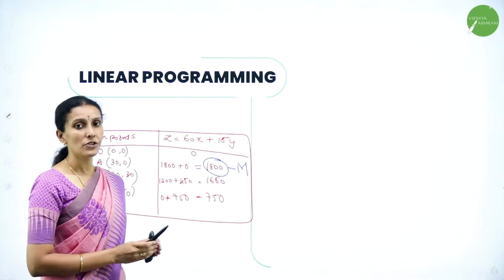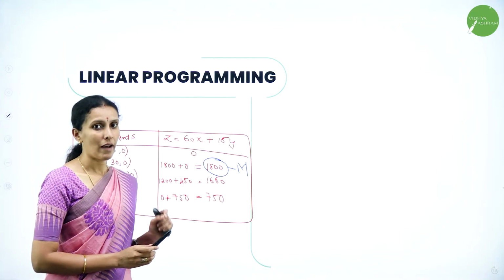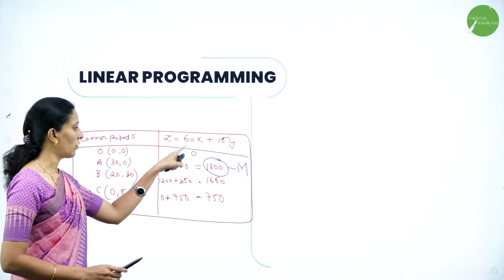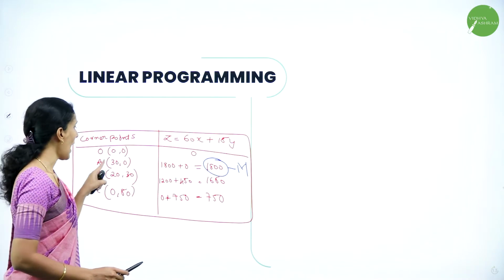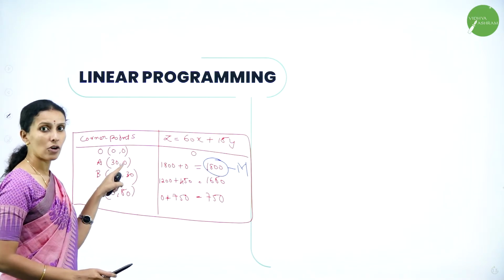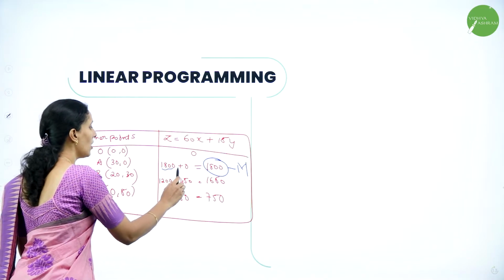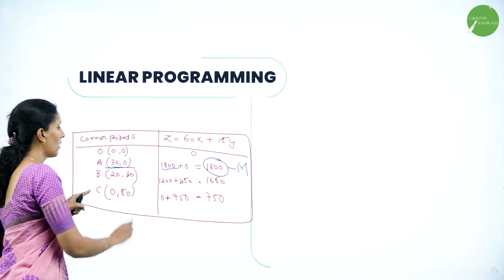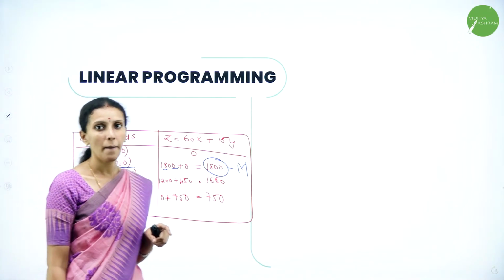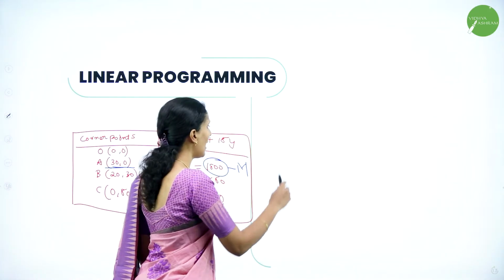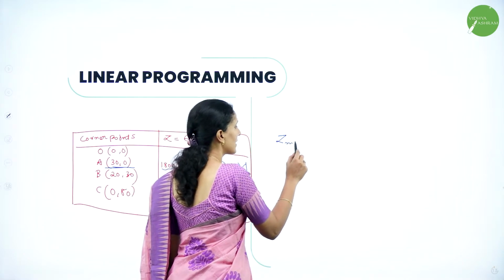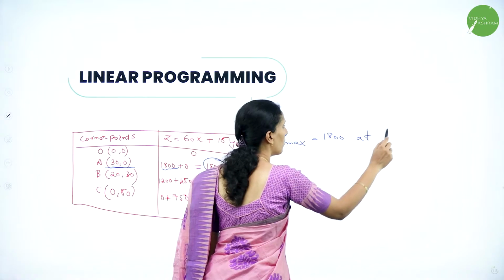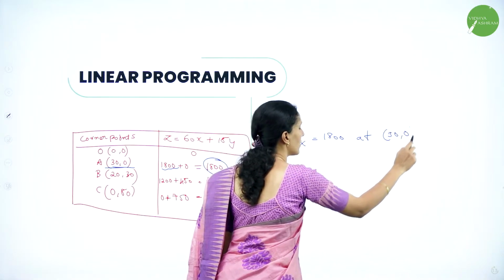Now the problem is to find the maximum value for the given function. Therefore, the maximum value for Z is 1800 at the point A (30, 0). This is my optimal solution, and this is the optimal point for which I get the maximum value. So I'll write here Z max is equal to 1800 at the point (30, 0).